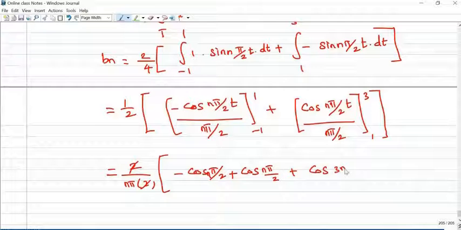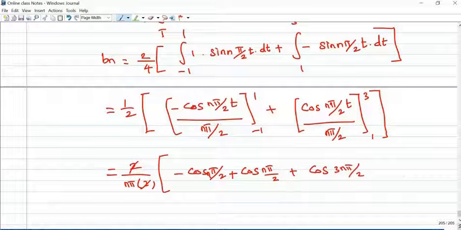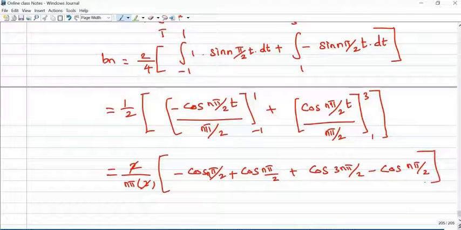Cos 3n pi by 2, okay, and minus of cos n pi by 2. So minus cos n pi by 2 plus cos n pi by 2. This will be cancelled. And here cos 3n pi by 2 minus of cos n pi by 2. So let's check whether these two terms will be cancelled.